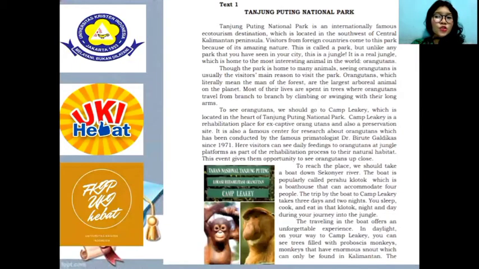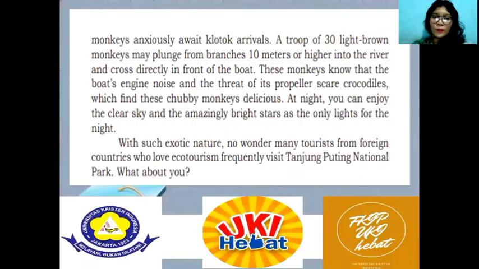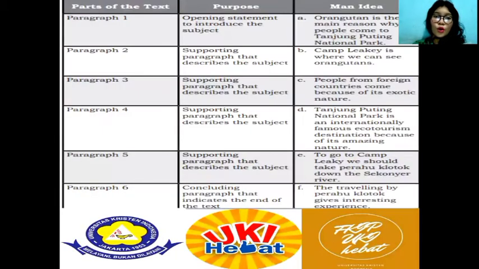So in the Tanjung Puting National Park text, they're talking about the Tanjung Puting National Park itself. So we can classify the generic structure of the descriptive text using paragraphs. In the Tanjung Puting National Park text, there are 6 paragraphs, and we can classify them like this.